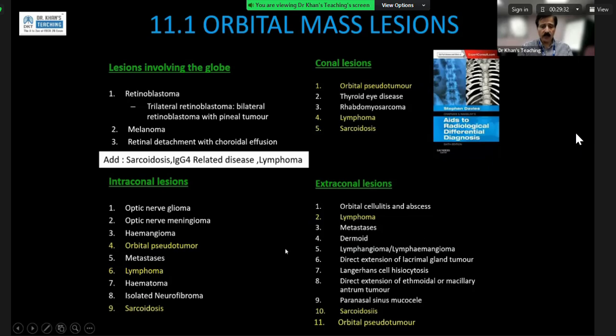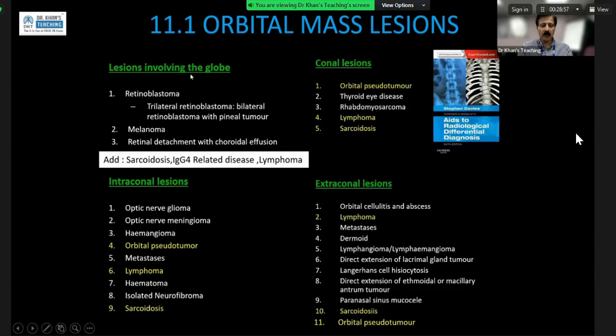The key point, as I was telling you, is that in head and neck radiology, you have to place the lesion at a particular space or location, and then tackle the differential diagnosis. And then from the relevant differential diagnosis, the radiological and the clinical features, you will give a differential diagnosis. So in orbit, we divide them into these 4 components.